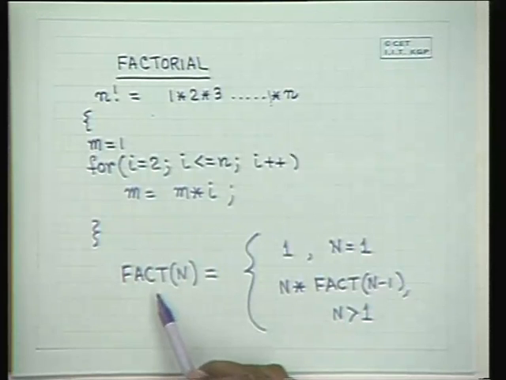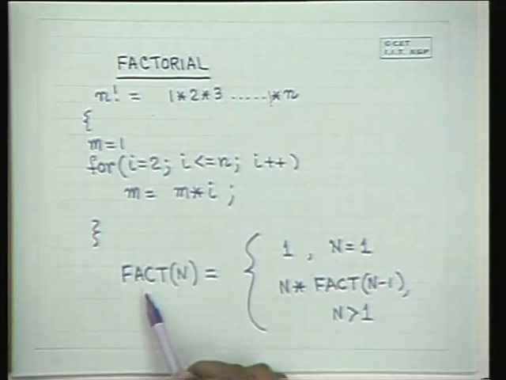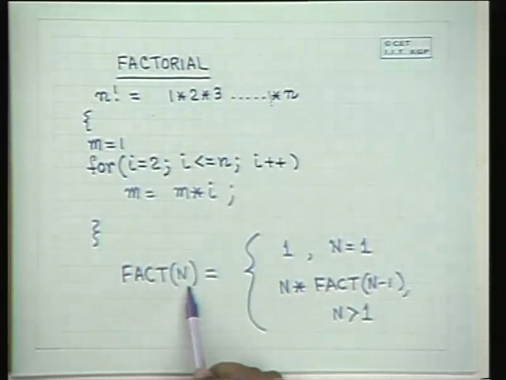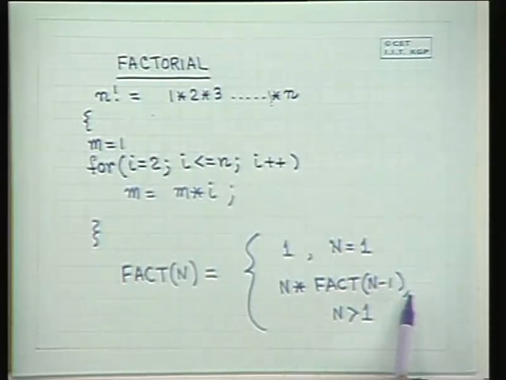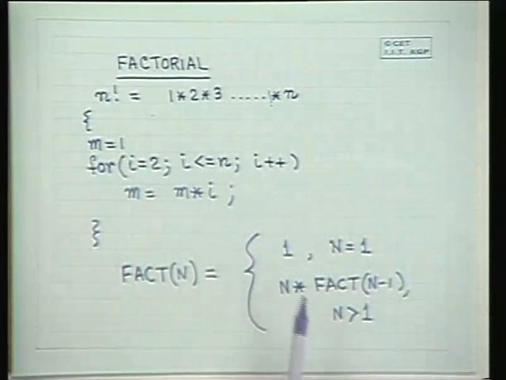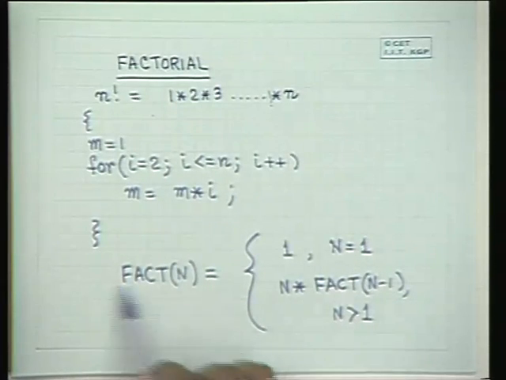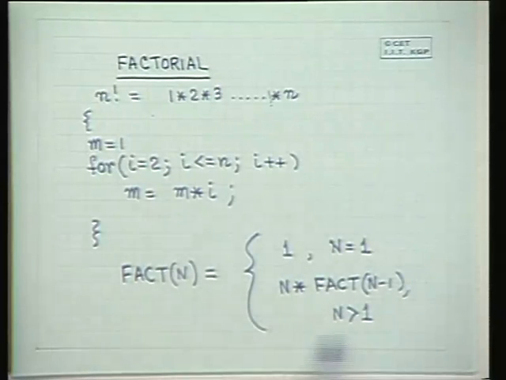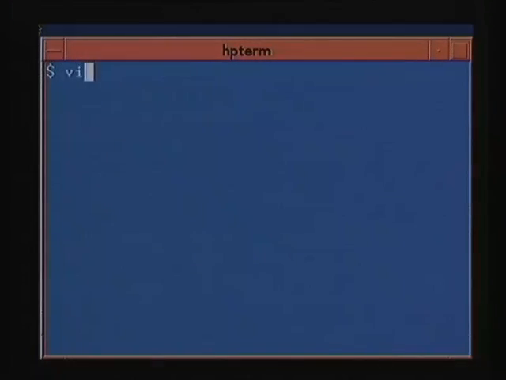That is, we are able to get an inductive definition if the programming language allows a function to call itself. And we shall see that we can write down such functions directly in C language. So, we will write out a factorial function in C using this idea and see how it executes. So, let us go back and see how factorial executes.